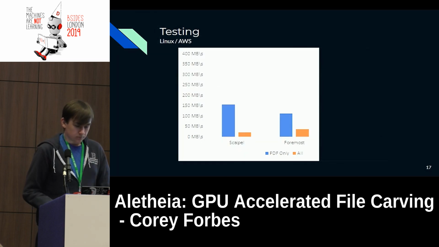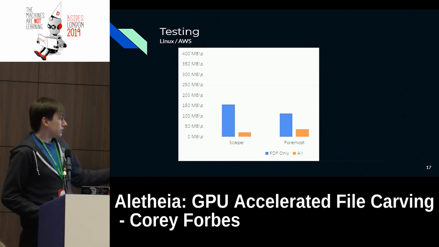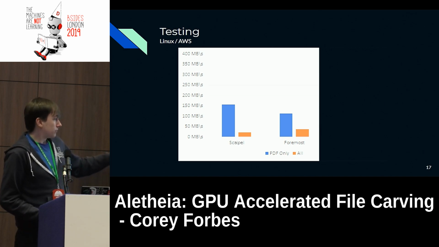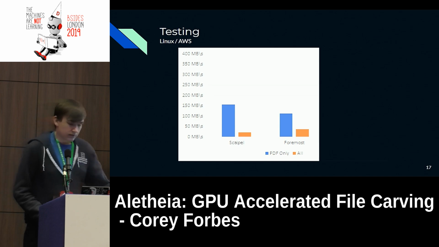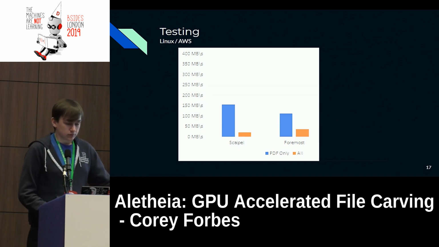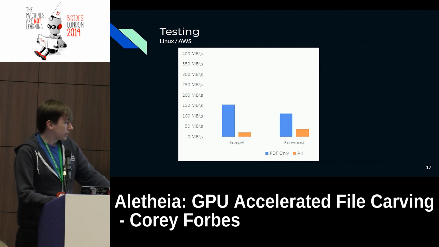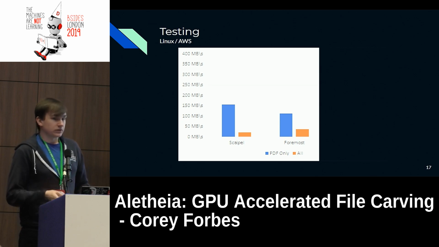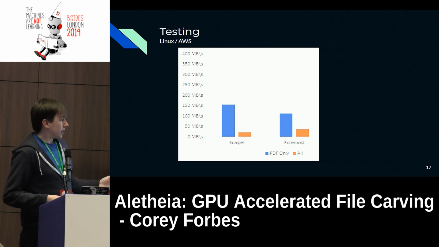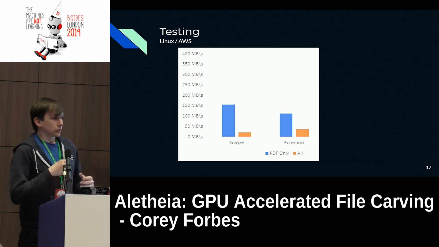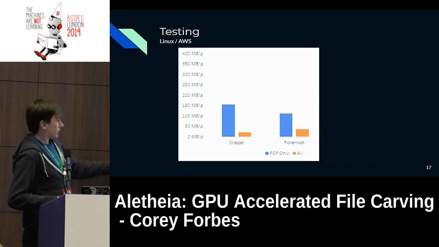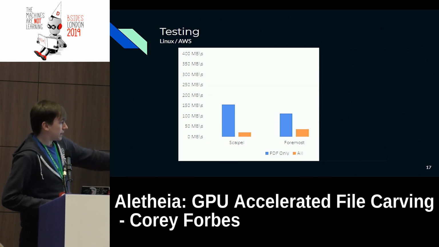You can see here that Scalpel is both the fastest and the slowest between the two tools. Specifically, it's worth noting that the Boyer-Moore algorithm I discussed, how it searches for only one string at a time, was made perfectly clear by the fact that it had to do multiple passes.